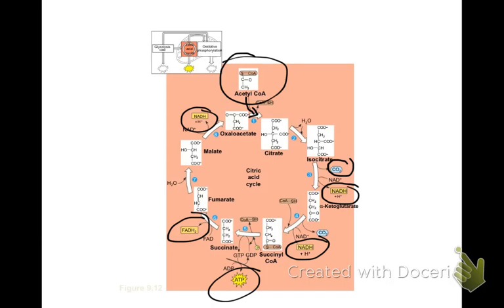So again, this is kind of like a factory line where these molecules are processed, but what we really care about is what comes out of this process, which is the NADHs and FADH2s.